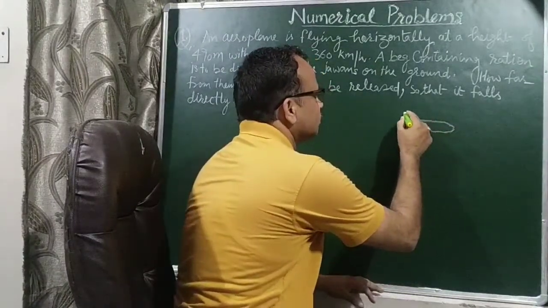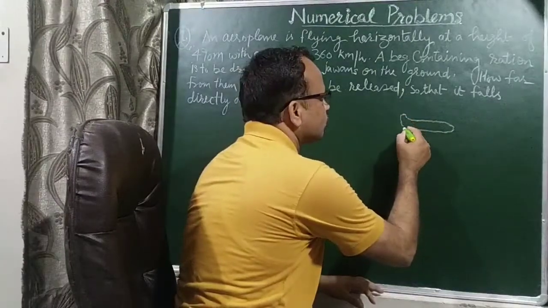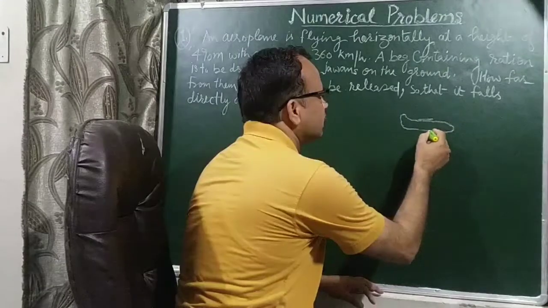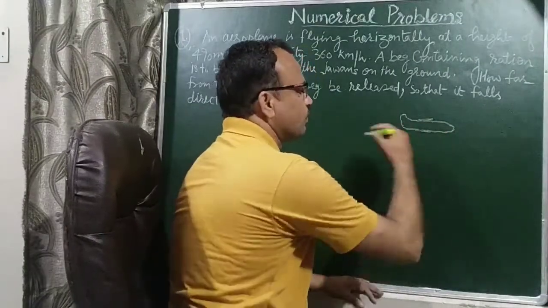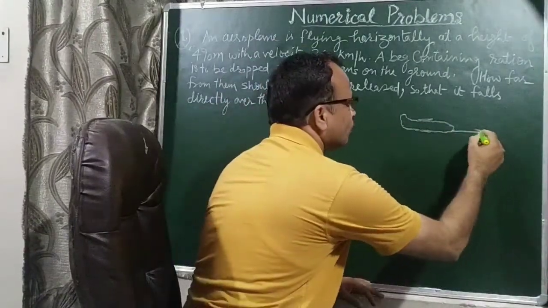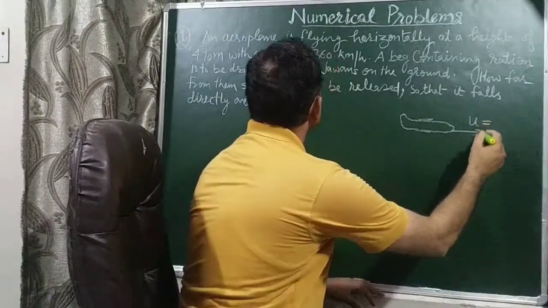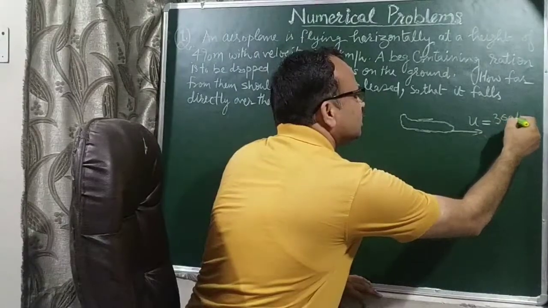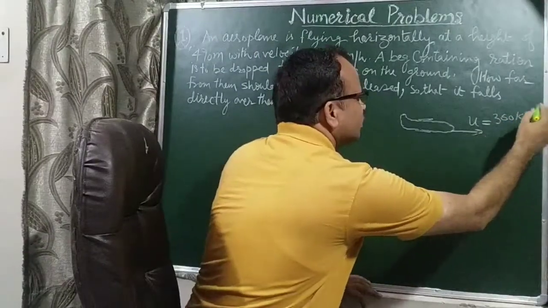Suppose this aeroplane is flying horizontally with speed u equal to 360 km per hour.